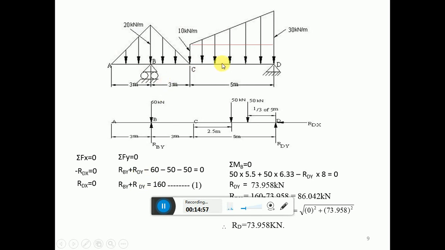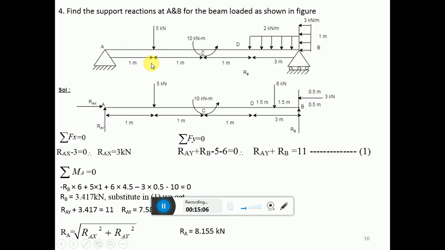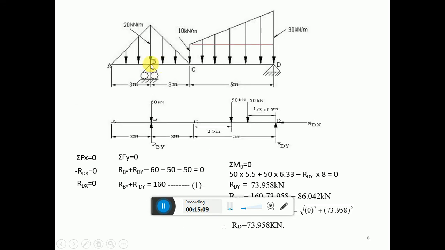So apply the moment about any point, B or D. Applying the moment about the point B, 60 is passing through this, R by is passing through this, don't consider that. 50 kilonewton into 5.5, clockwise positive, 50 kilonewton into 5.5 plus this 2/3 of 5, you get 6.33.